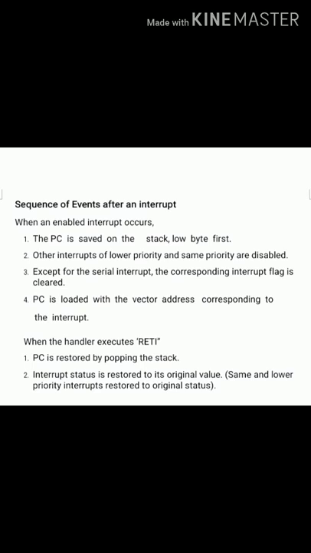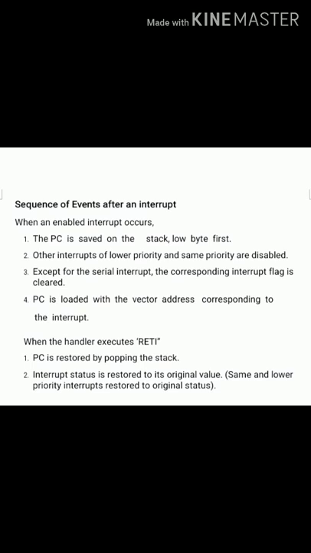The last instruction of the interrupt service routine will be RETI, return from interrupt. Upon executing that, it will jump back to the main program, exactly to the location from where it has to continue the execution. How does it happen?